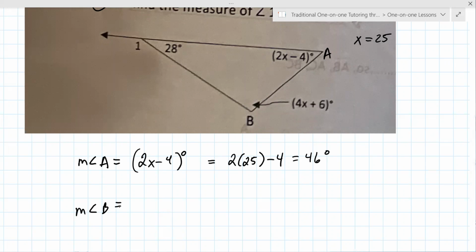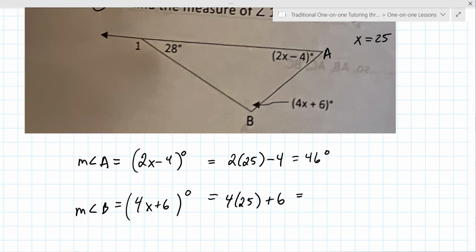4x plus 6. What is the value of x? 25. Okay, so it's 4 times 25 plus 6. Can you simplify that for me?